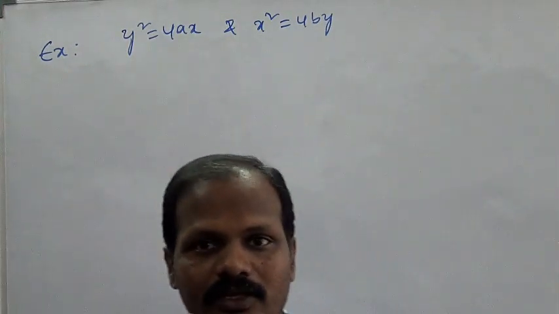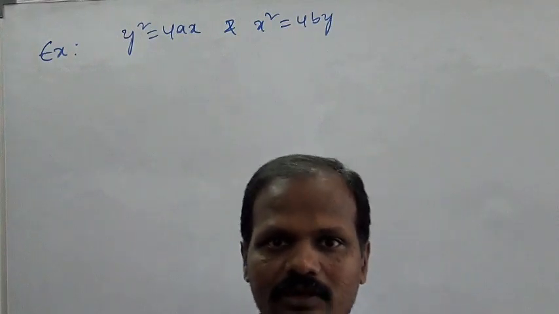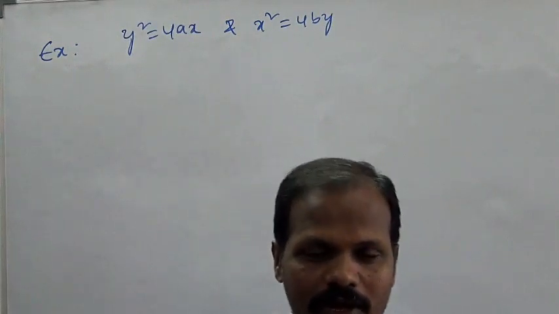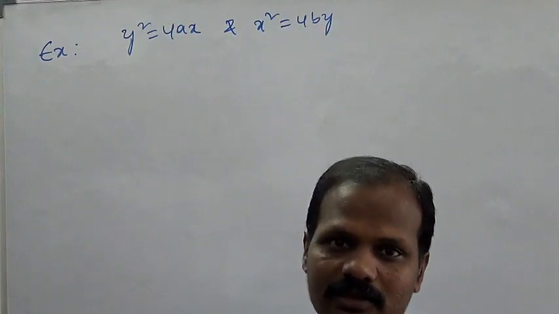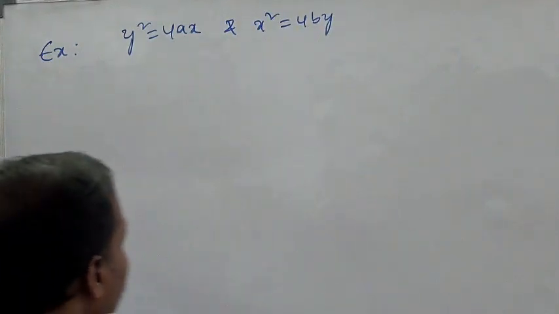So to find the area between these curves, first of all you have to find the points of intersection where these two curves intersect.